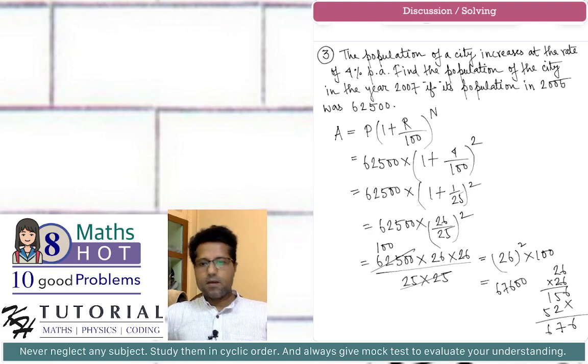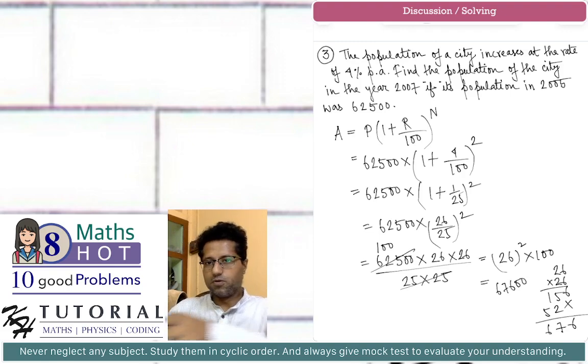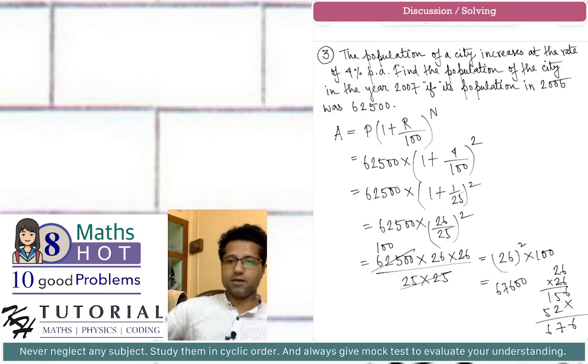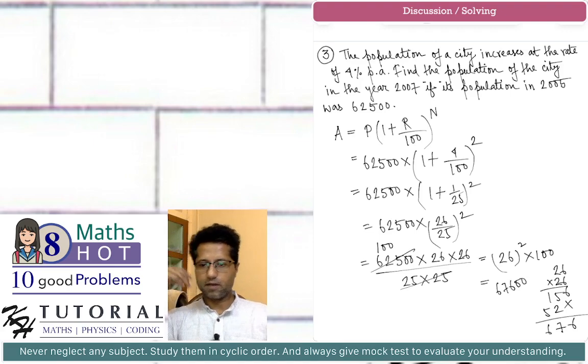In the reference book, it was given the population is decreasing, but I have changed that to the population of a city increases. So anyway, I hope the calculation is correct, but there could be some mistake in calculation. I am not really focusing on that.